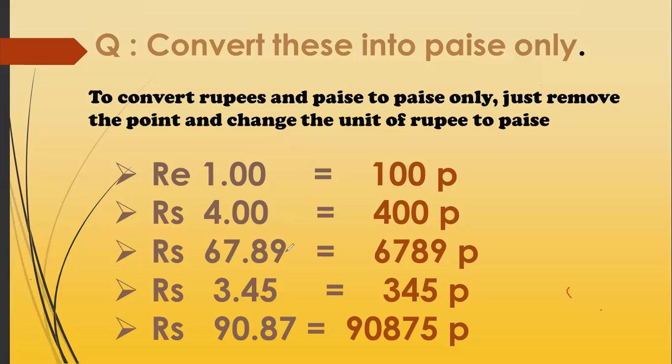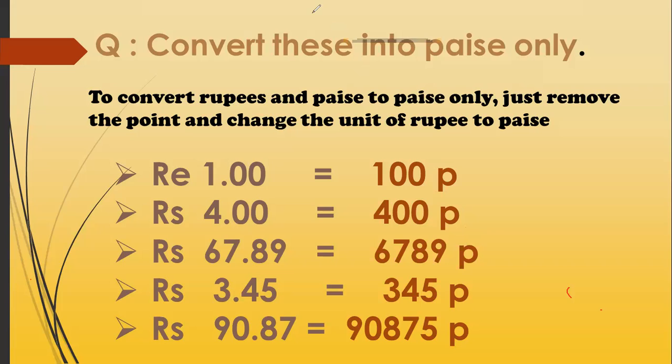After the numbers we write the unit of paisa, P. So now it has become 6789 paisa. Okay, beta, got it?